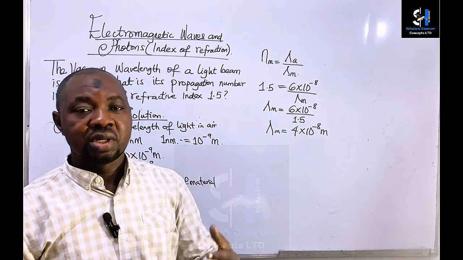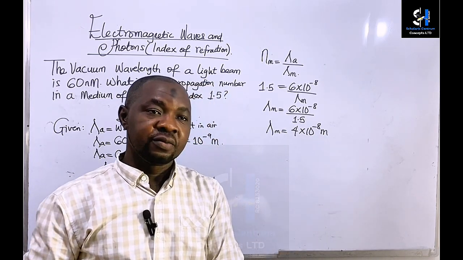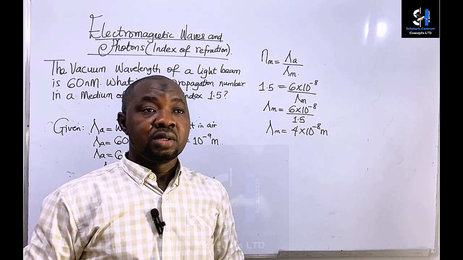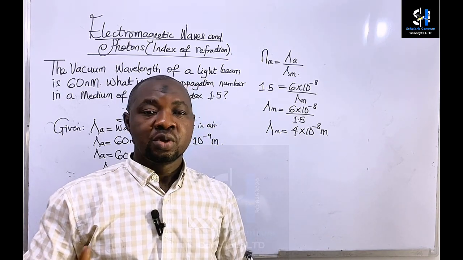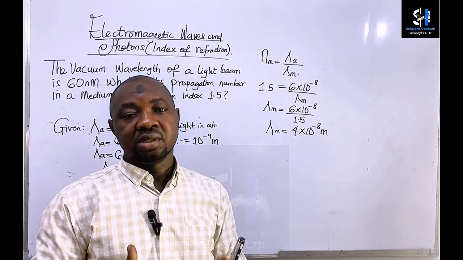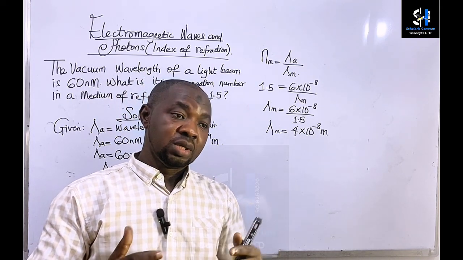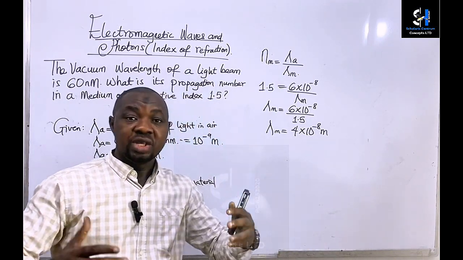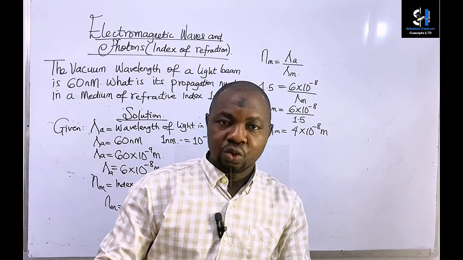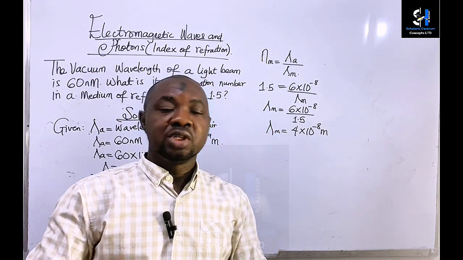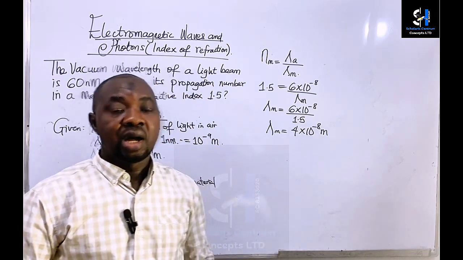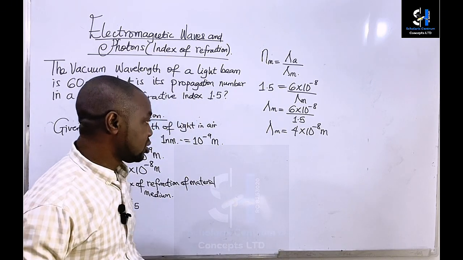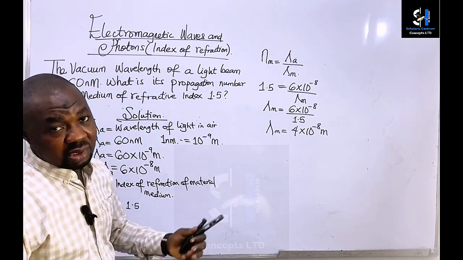Propagation number measures the spatial frequency of a wave. It can be used in spectroscopy to analyze the interactions between matter and electromagnetic radiation. In measurement, propagation number is the number of waves per unit distance, and that's why the unit is per meter or per centimeter. It can be denoted with the letter K.